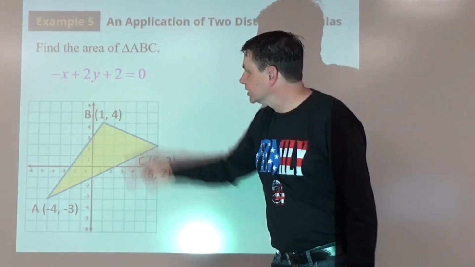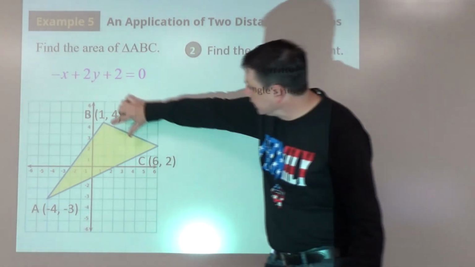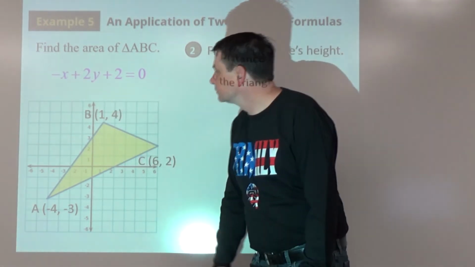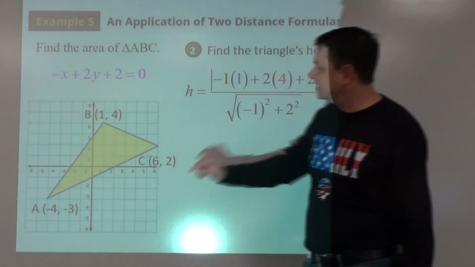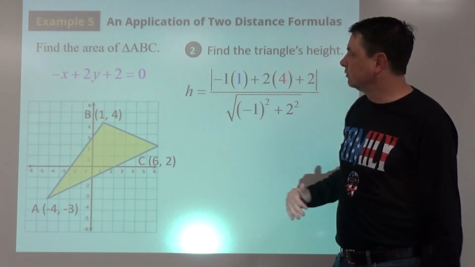So there's our equation. Step number 2, find the height. So we need this distance right here. So the height is the distance between that point and that line. So we could use the formula.